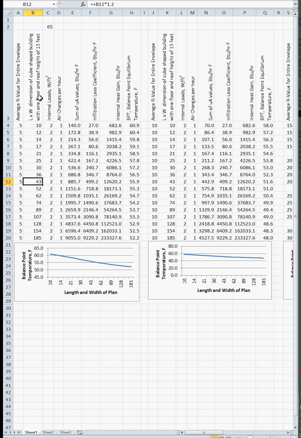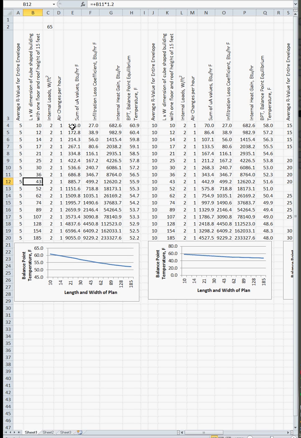If it was a length times width dimension with a floor to floor height of 15 feet, and it had this aspect ratio, if you will, the internal loads are set at 2 watts per square foot. We have 1 air change per hour by either ventilation or infiltration. The sum of the UA is a coefficient that tells us the overall conductance of the entire envelope.